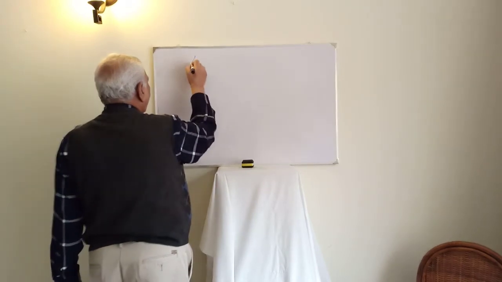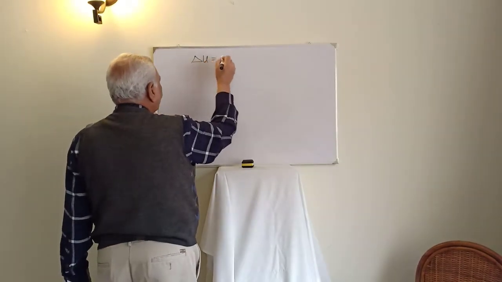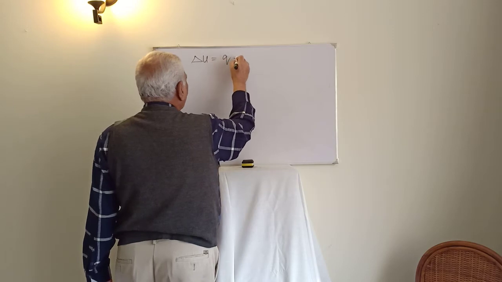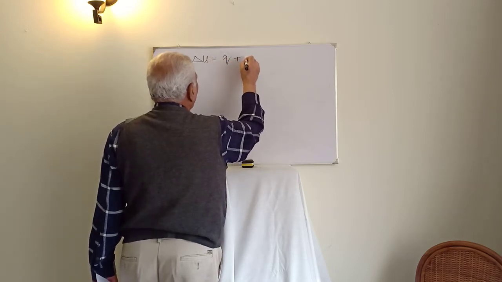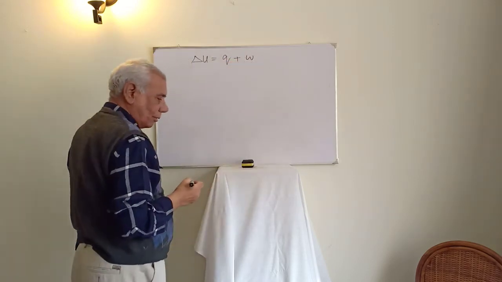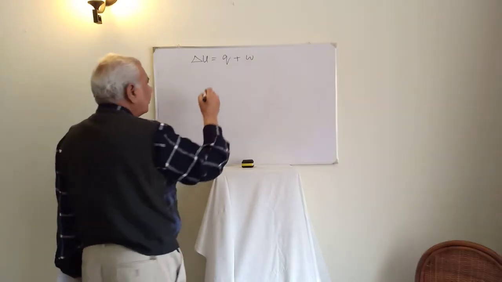We know that delta U is Q plus W, right?